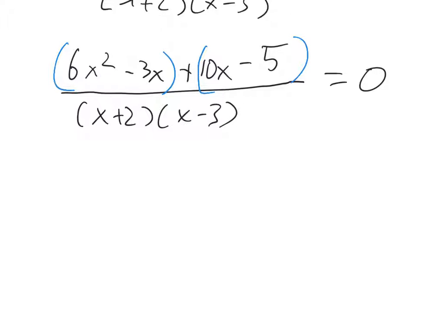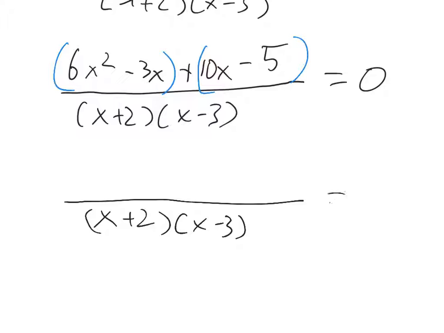And once you do, we'll be able to take care of the next part, right? So hopefully you were able to find that 3x happens to be in both of those first two terms. So that gets us 3x times 2x minus 1, right?